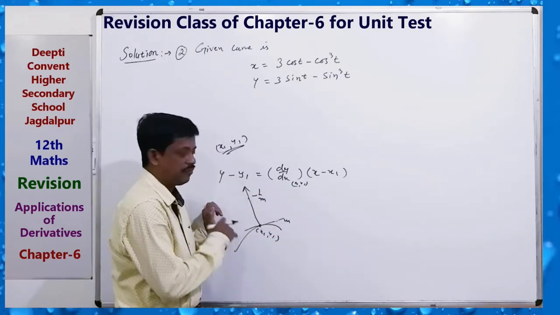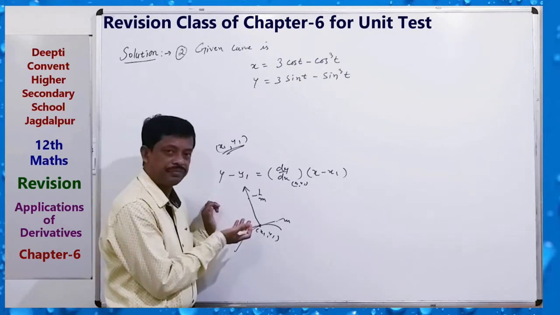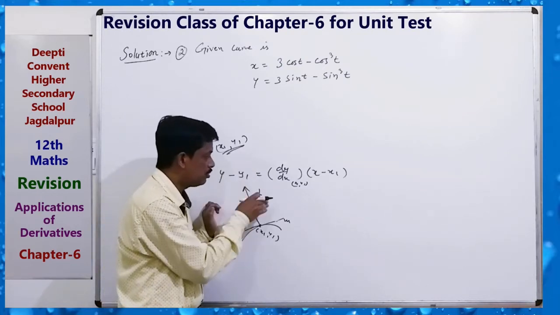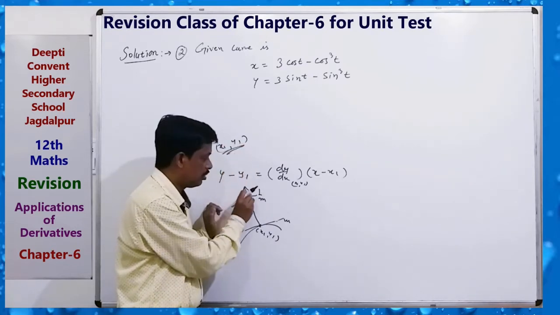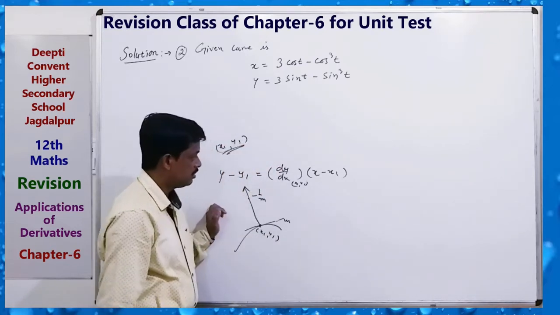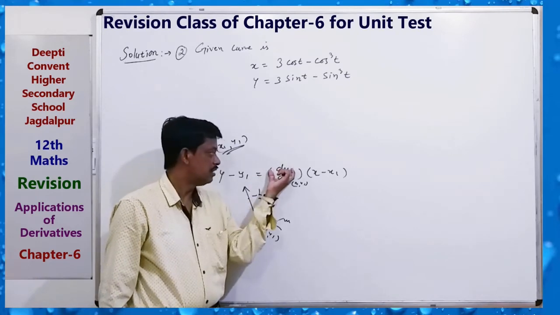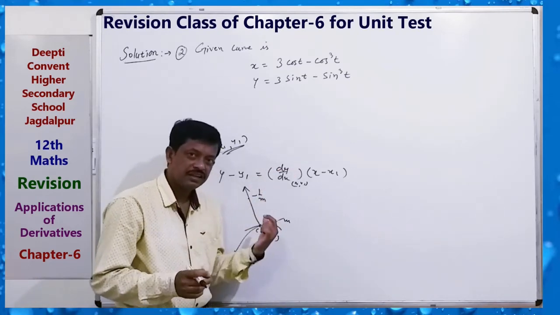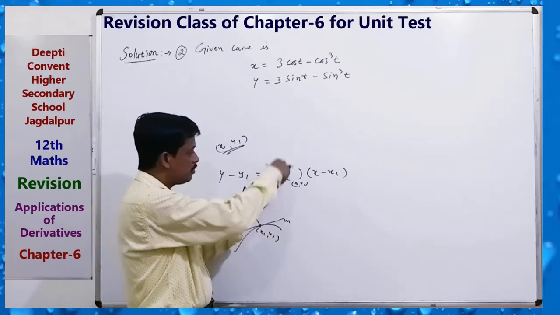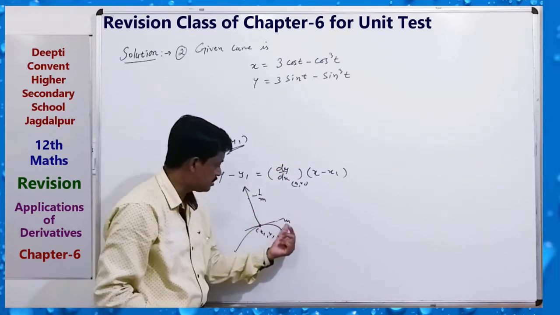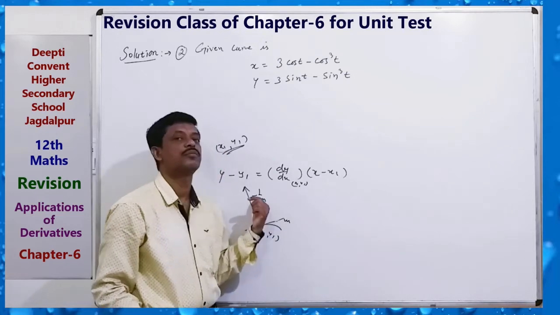So for finding the equation of normal, we have to put the value of the slope for the normal here. That is, if dy by dx gives the slope of tangent, then the slope of normal is given by the inverse of this with a negative sign, because if its slope is m, then the slope is minus of 1 upon m.